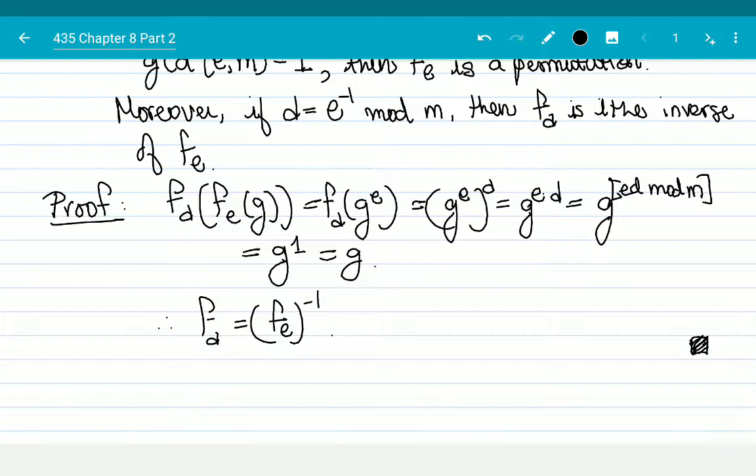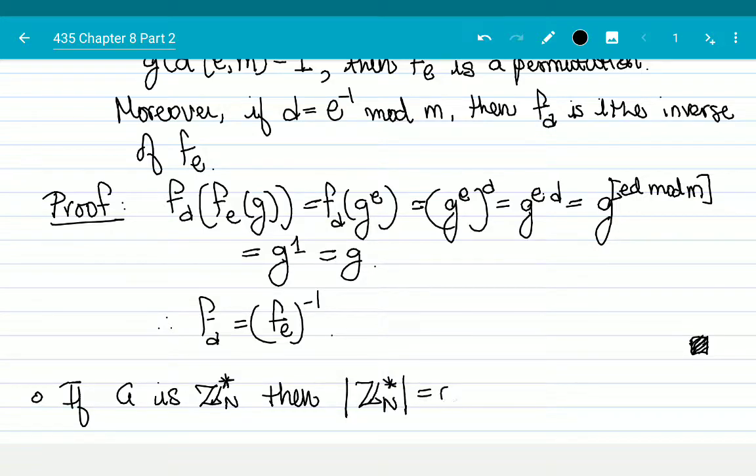In particular, in case of Zn star, if G is Zn star, then as we saw before, the order of Zn star is equal to phi of n.